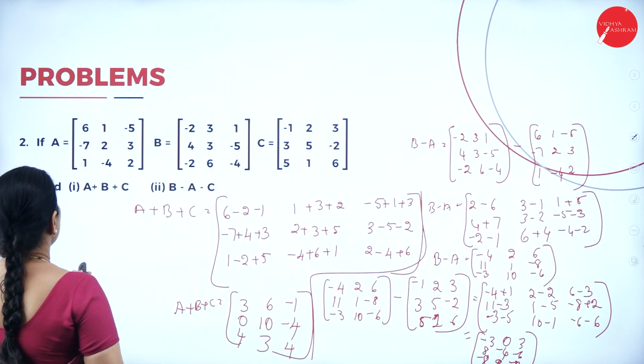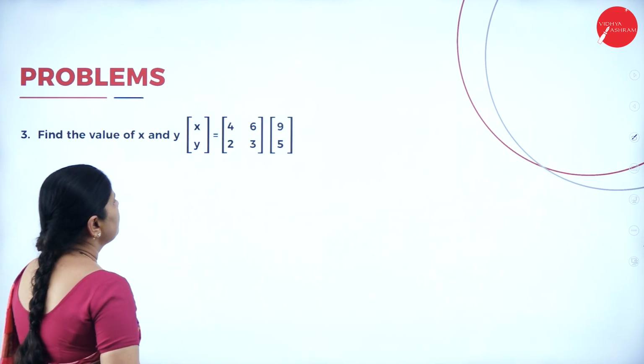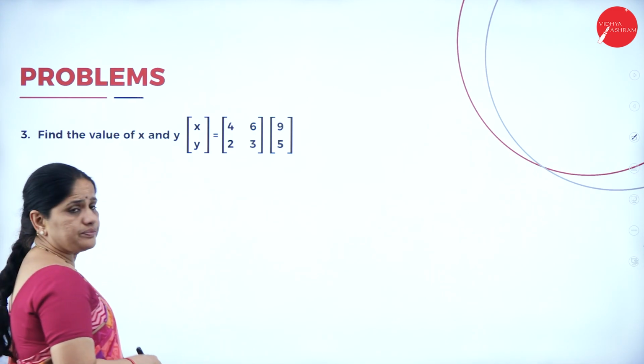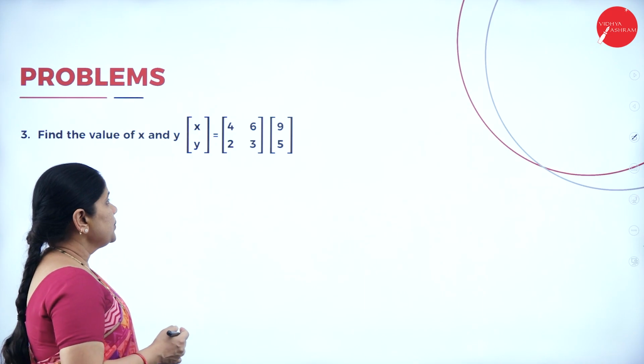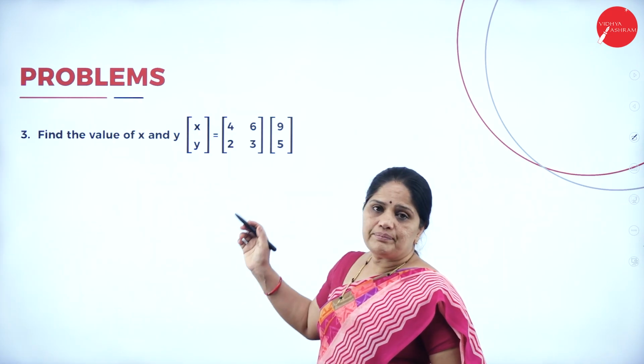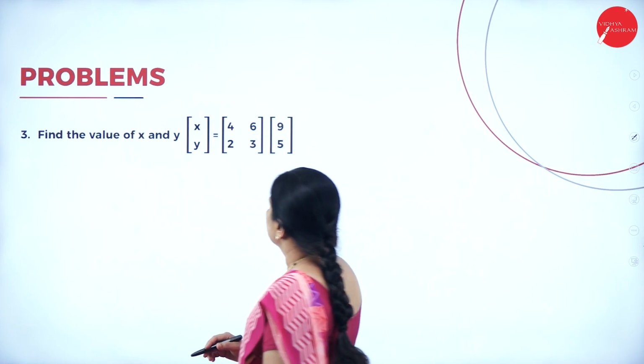Now the next problem, find the value of x and y, where the matrix 4, 6, 2, 3 is multiplied by 9 and 5. So we have a matrix multiplication problem here.